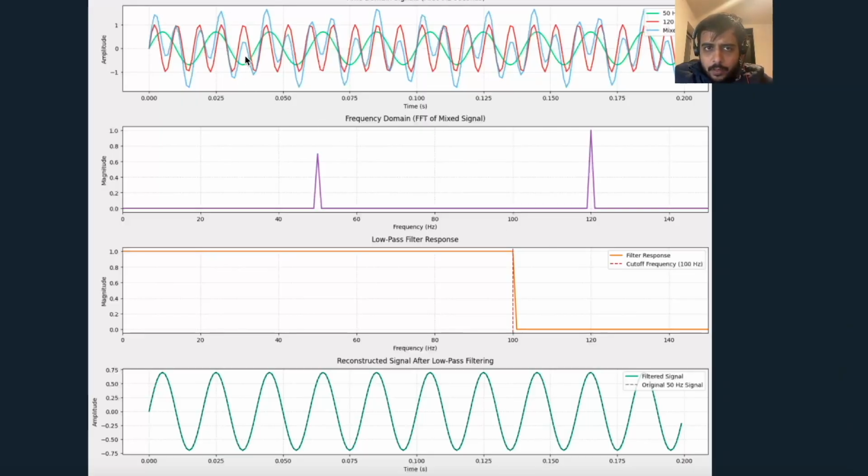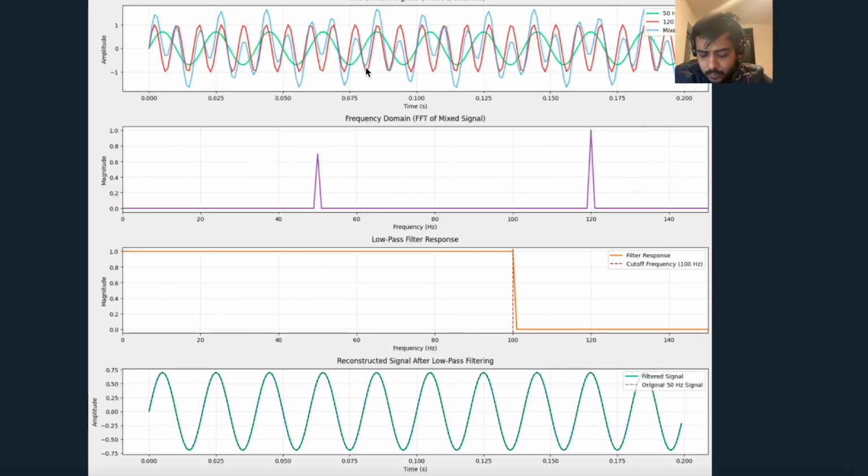In our first panel we see our initial signals. The green line shows the 50 Hz signal, and the red is the 120 Hz signal. The blue line shows the mixed signal, which is the sum of the two signals, and you can notice how the mixed signal combines features of both 50 Hz and 120 Hz.